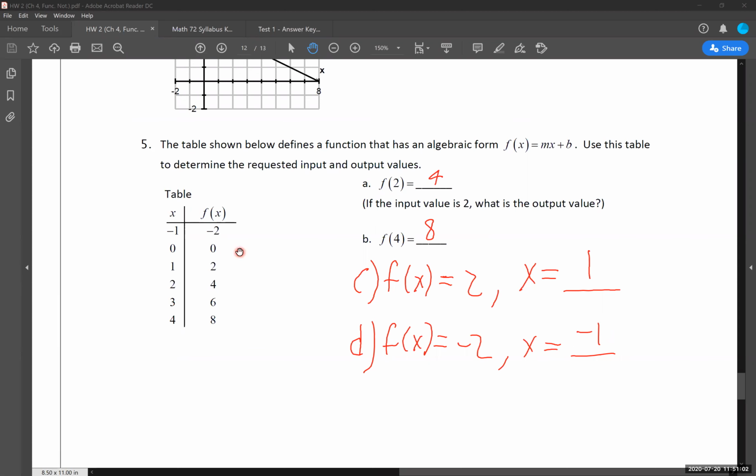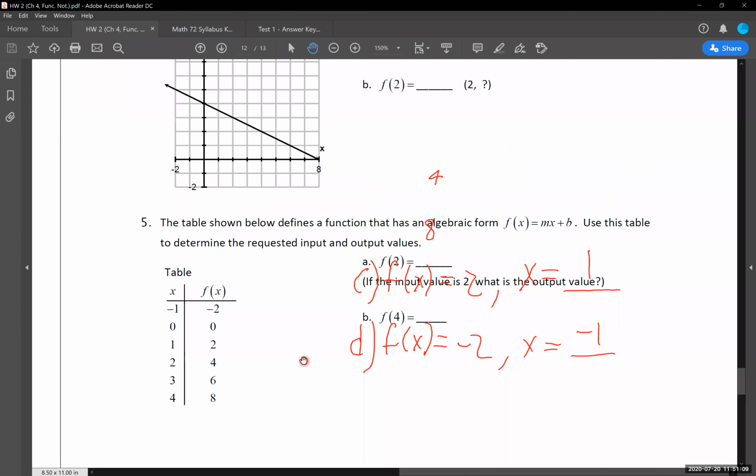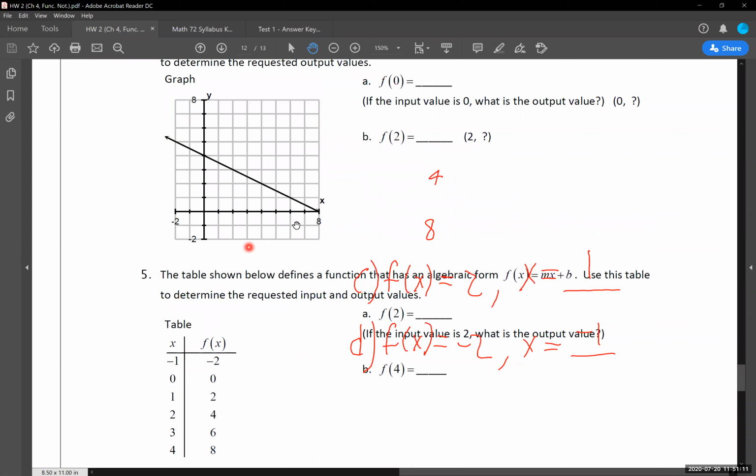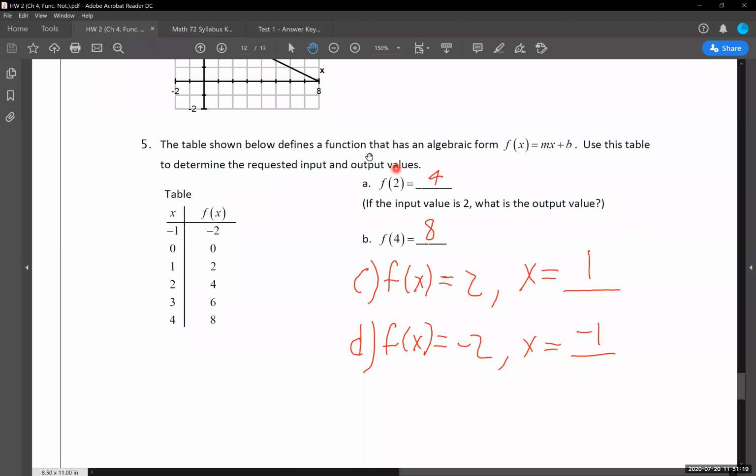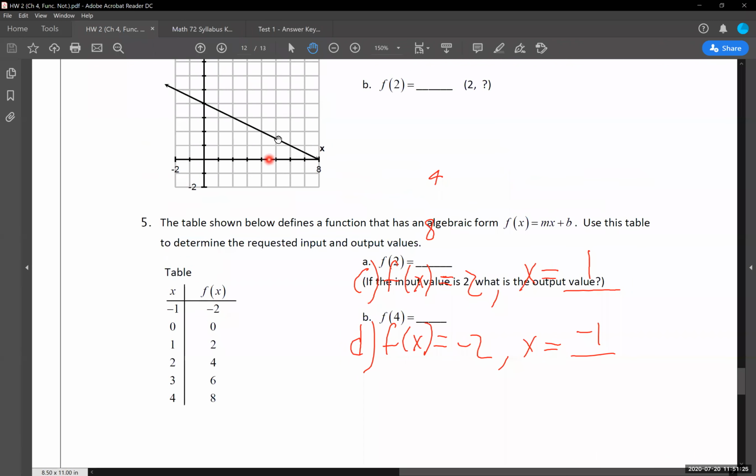Now again, this has been given to us in a table format. This exact same set of questions could be given to us in a graph as well. A graph is just a visualization of a table. So be prepared for being given any of these potential types of questions on a test as a table or as a graph.